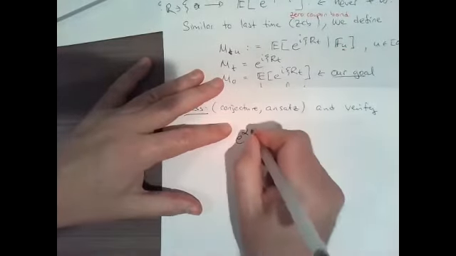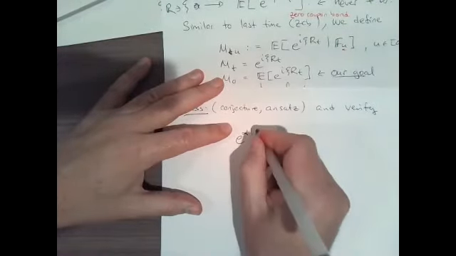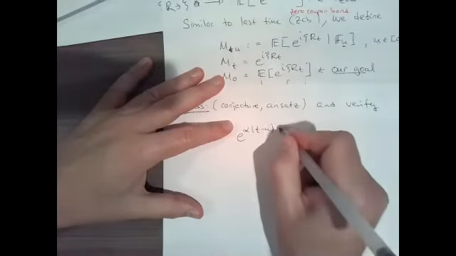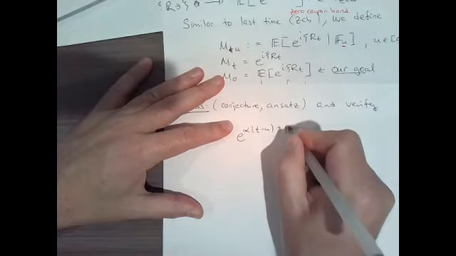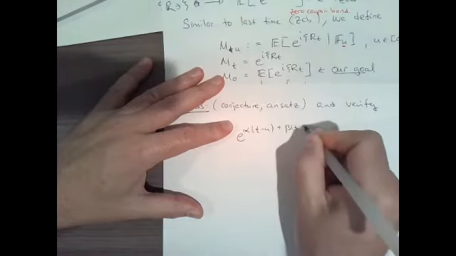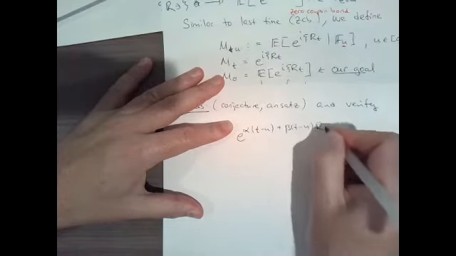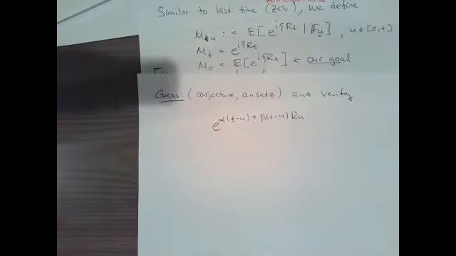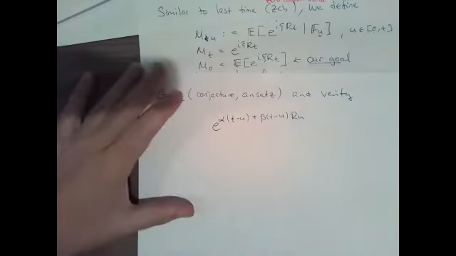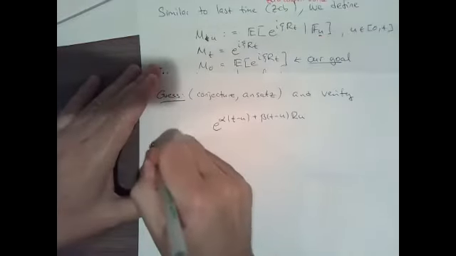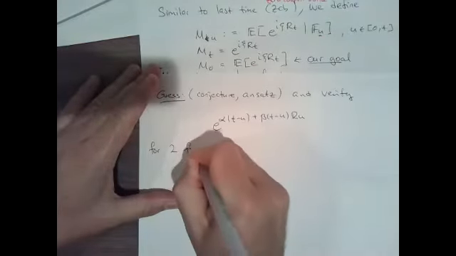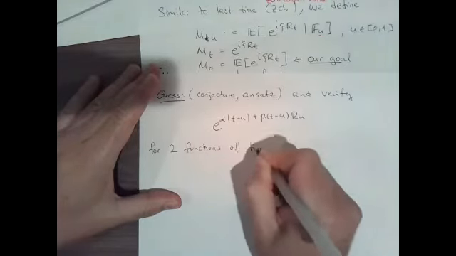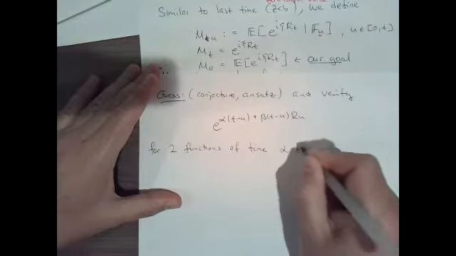Let me do alpha, t minus u, plus maybe a beta, t minus u times r_u. If I'm interested in this process here, for two functions of time, alpha and beta.